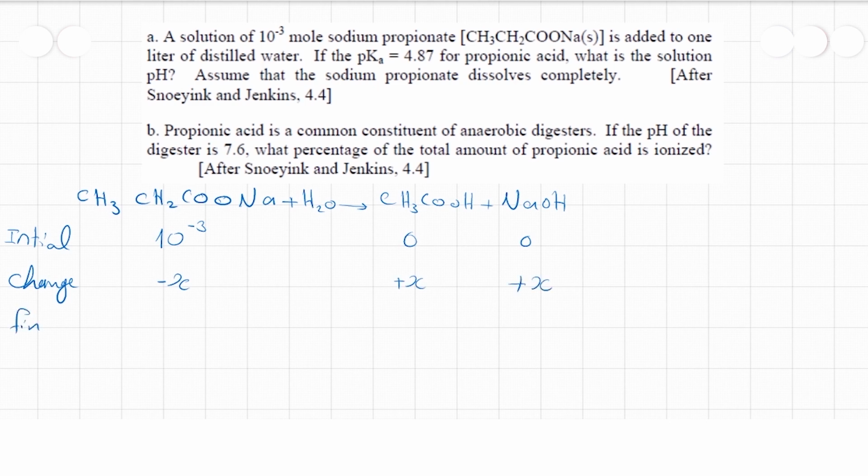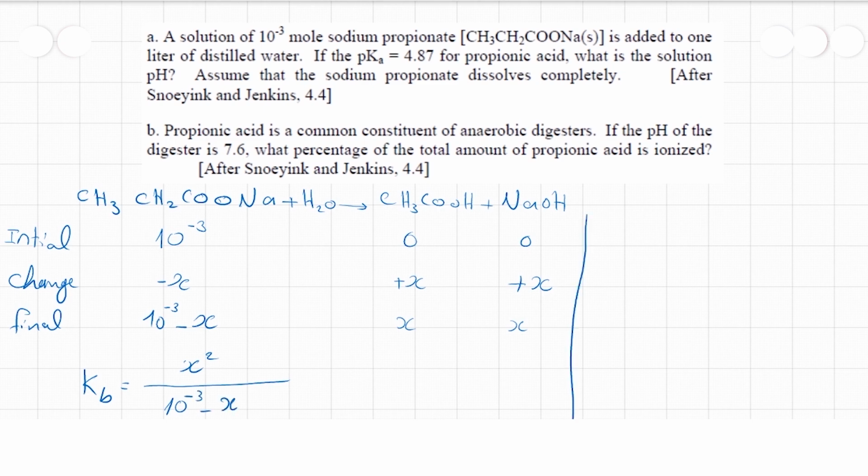Finally, the final concentration will be 10 to the power minus 3 minus x, and here will be equal to x and x. I have Kb is equal to x squared divided by 10 to the power minus 3 minus x, products divided by the reactant.